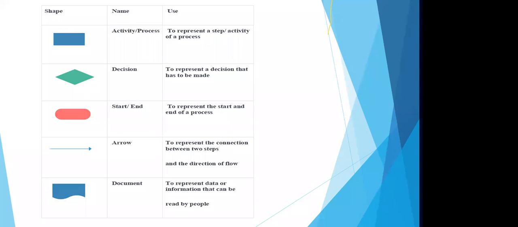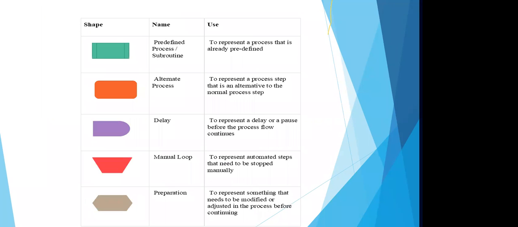Then a document that represents data or information that can be read by people. So in case there is some information that is required to be gone through, that's where this symbol is used.